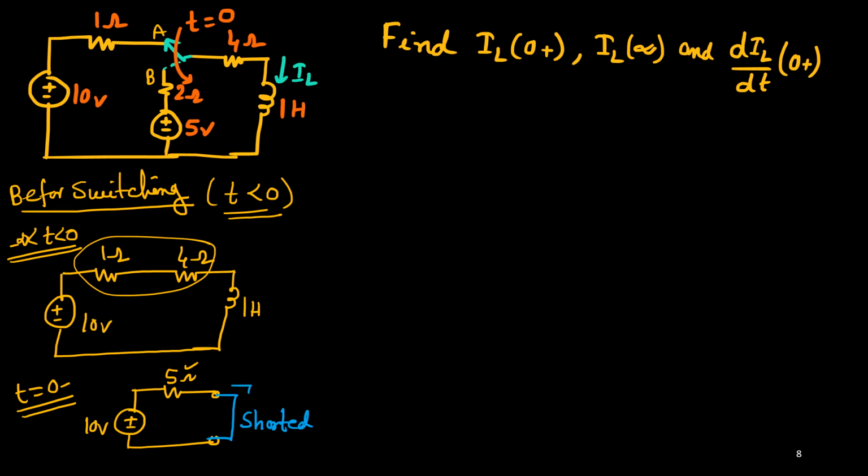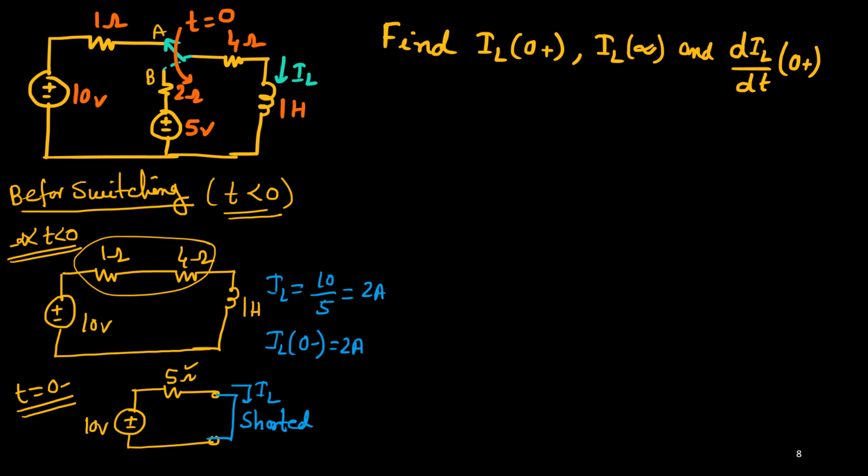This current IL, now easily I can find out. IL is simply 10 upon 5 equals 2 ampere. So rather I should call it IL(0-) is 2 ampere, right?